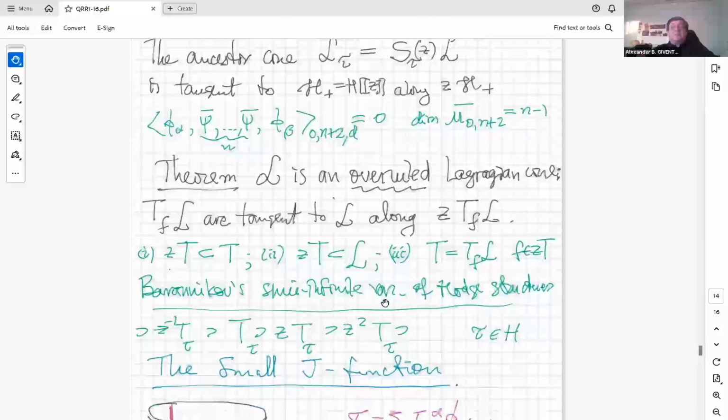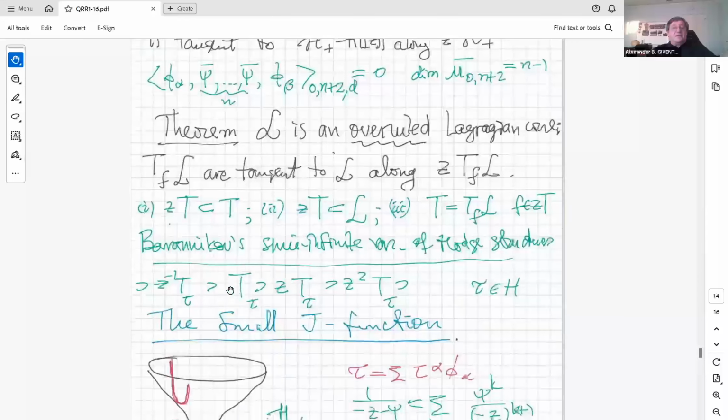Sergei Barannikov calls it a semi-infinite variation of Hodge structures. He was thinking in such terms: imagine there is some space T which varies in a finite parametric family parameterized by tau, and it contains zT, z squared T, etc., and it's contained in z inverse T, z to the minus second T. There is this flag.